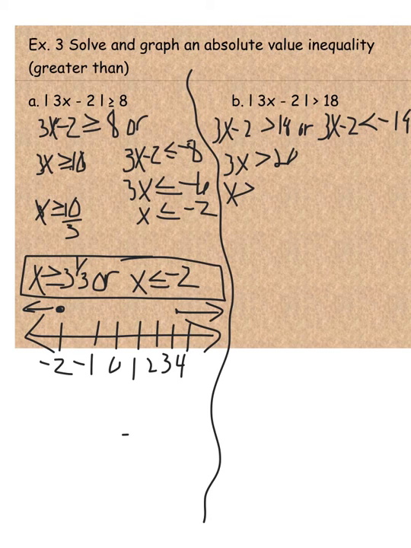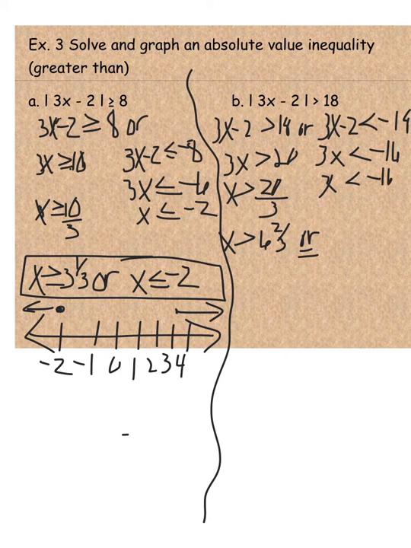And that means that x is greater than 20/3, which means x is greater than 6 2/3. Or if I add 2, we have 3x is less than -16. X is less than -16/3. So x will be less than -5 1/3.